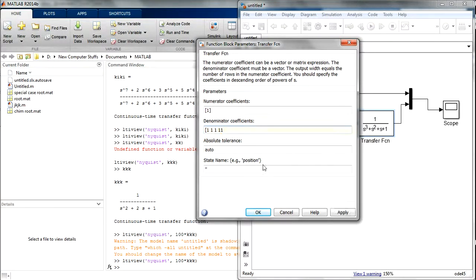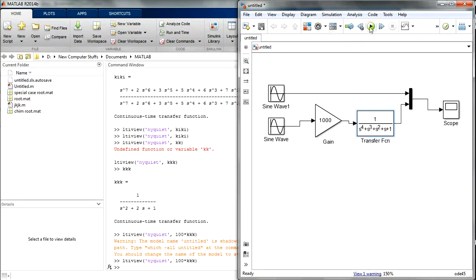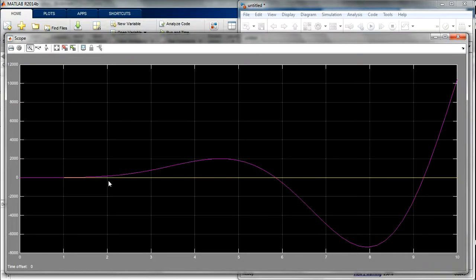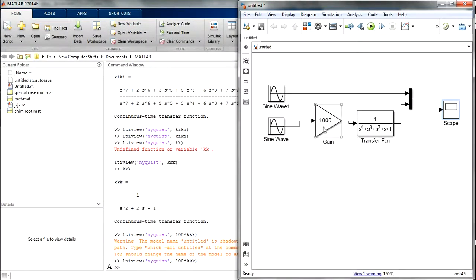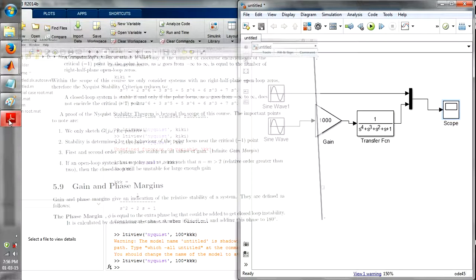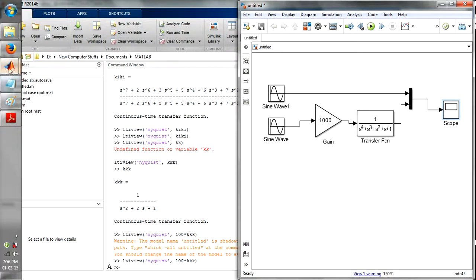If I were to plot for fourth order, what do you see? It's also very unstable. So nonetheless, as you can see, 1000 gain. So for all gains, typically I will choose the worst case scenario.